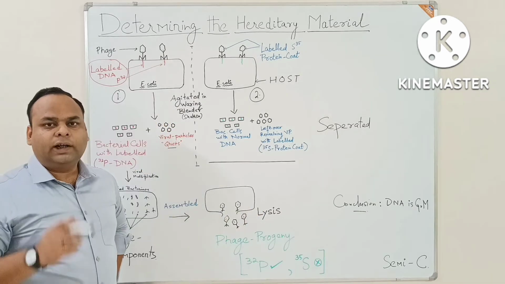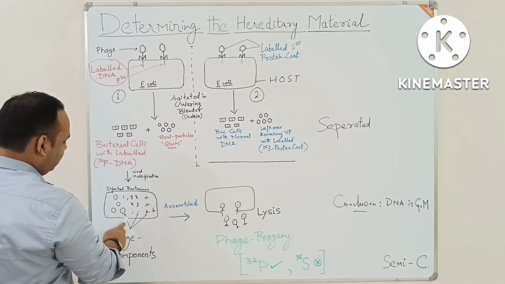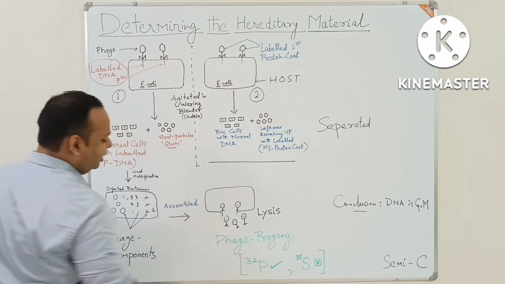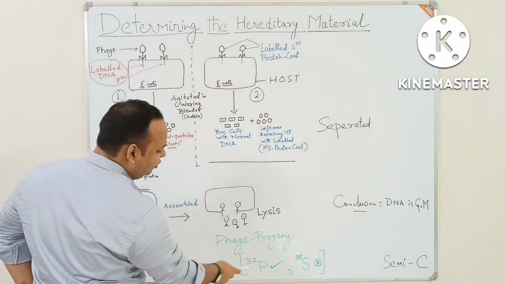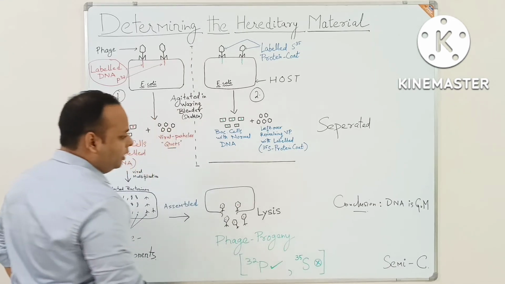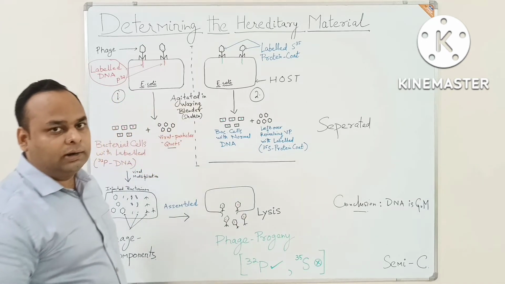Virus undergoes multiplication in these infected bacteria. Phage components are formed, which are assembled to form the phage progeny. The phage progeny was found to be associated with phosphorus and not sulfur. Thus, it was concluded that DNA is the genetic material.